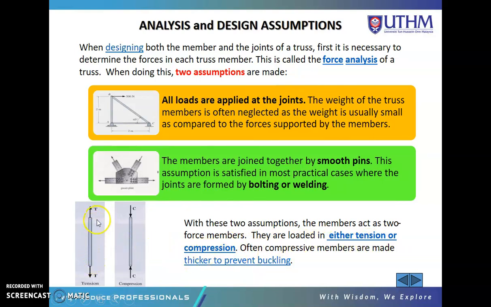So maksudnya dekat member tu akan mengalami sama ada compression ataupun tension. So there are only two ways of forces acting on the member, which is dia akan mengalami tension forces ataupun compression forces.